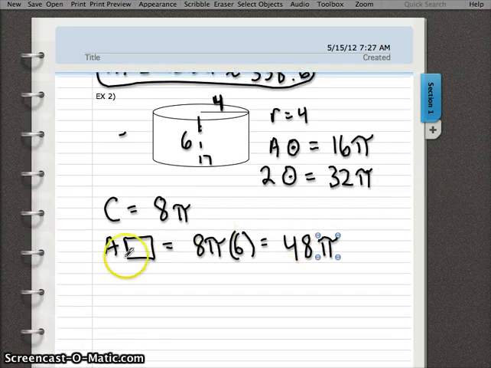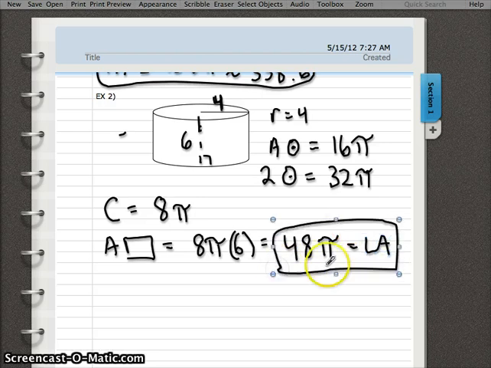And then again, remember, the area of the rectangle is the lateral area. So if you're asked to find the lateral area, there it is. You can do it in terms of pi, or actually do the multiplication, 48 times 3.14, to get a decimal value. But you'll also need to find the total area, or just the surface area, which means the total area. In which case you want to add these two together, the 2 circles with the area of the rectangle.